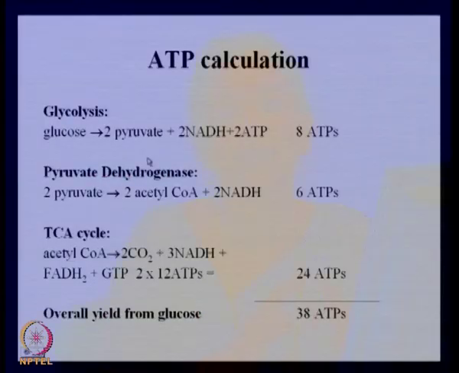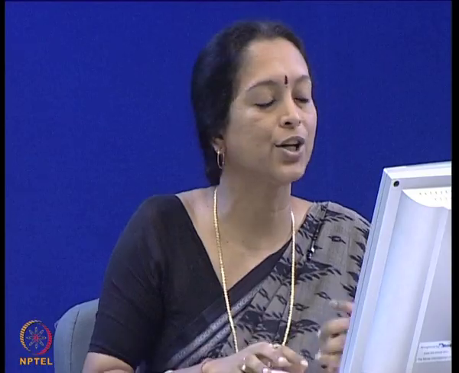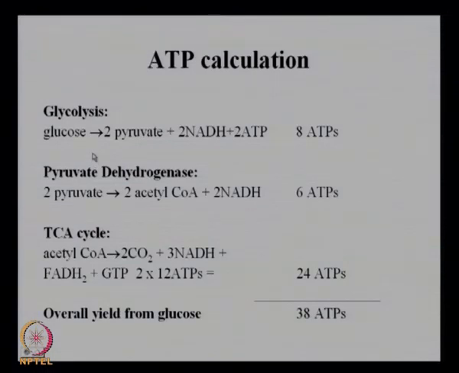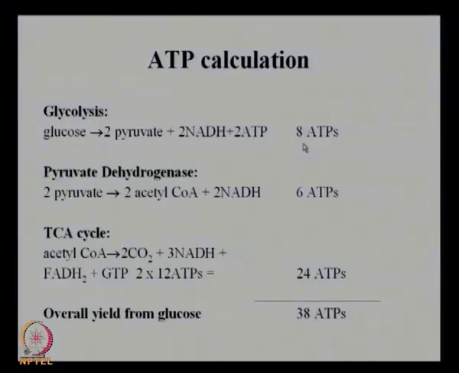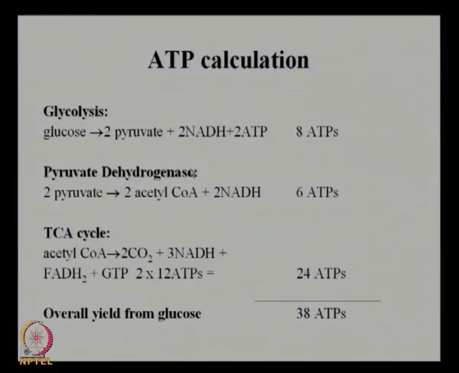And if we see the overall ATP generation in this process, starting from glycolysis to the TCA cycle, we can find that, as we have already learned, 8 molecules of ATP are produced in the glycolytic pathway. We have also seen that when pyruvate dehydrogenase converts pyruvate to acetyl CoA, one pyruvate gives 1 NADH, and 2 pyruvate release 2 molecules of NADH, equivalent to 6 molecules of ATP.